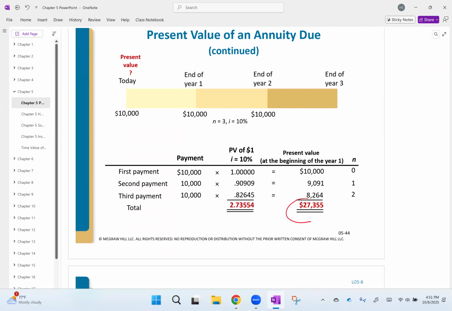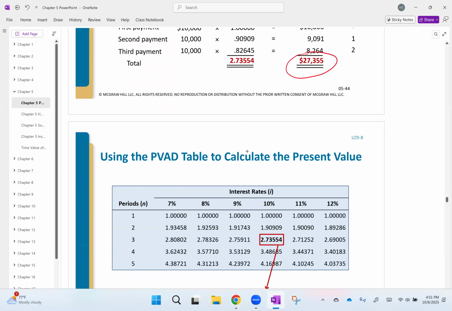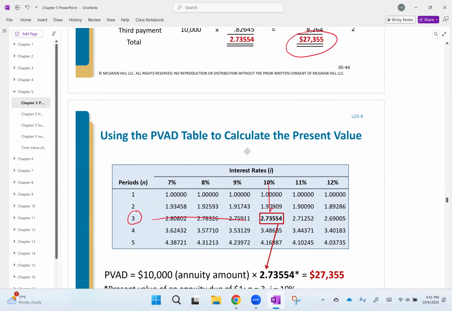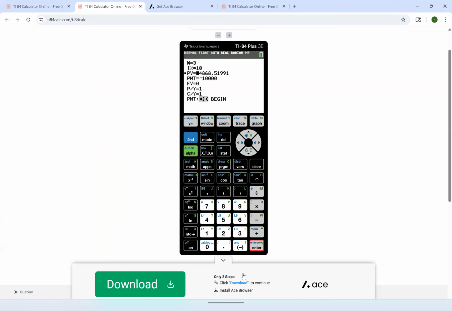They calculated 27,355. You could get the factor, take that factor, multiply that out, and you would end up with 27,355. Let's go over here and let's zero out our present value. We still have our negative 10,000.